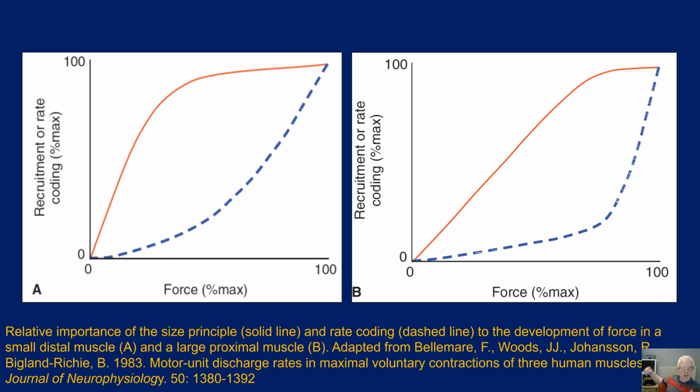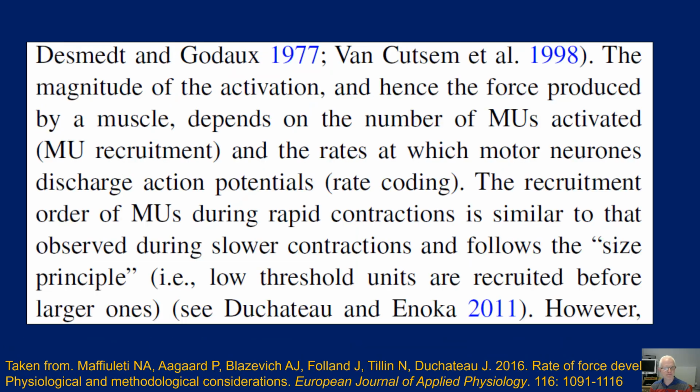If I can't keep recruiting them at a fast rate, it doesn't matter how much force I can produce, I can't produce it fast enough. So it's a function of the size principle and the rate at which we innervate those fibres, which fundamentally dictates the force-velocity relationship and therefore the amount of force we produce. And that is what we're trying to ascertain when we're assessing both strength and power in a muscle.